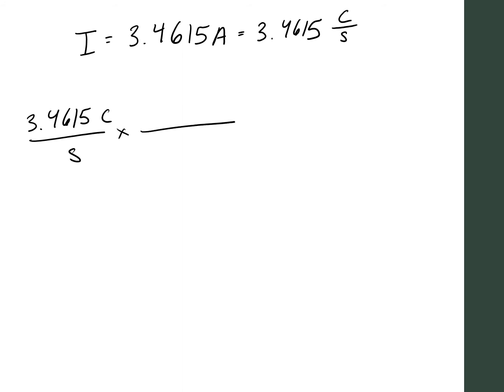Let's do the coulombs first. I want this to be in terms of electrons. So 1 electron is 1.6 times 10 to the negative 19 coulombs. This is going to get our coulomb unit to cancel out. And now if we plug this in, we'd have electrons per second.